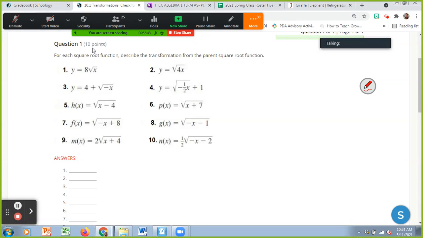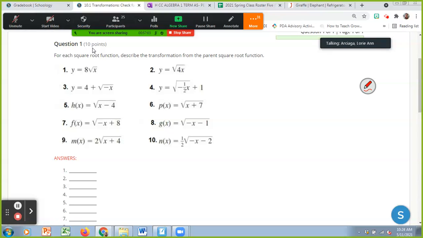If it's a reflection, how do you know that the function was reflected? What did they multiply? Either inside or outside, a negative sign. Very good. So you kind of see what I'm trying to get you to do. If it's a reflection, you're looking for a negative sign either inside or outside the radical sign before x.